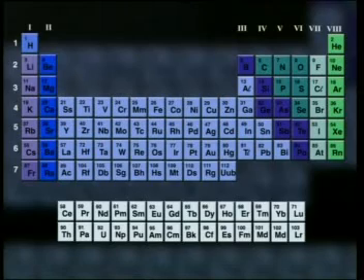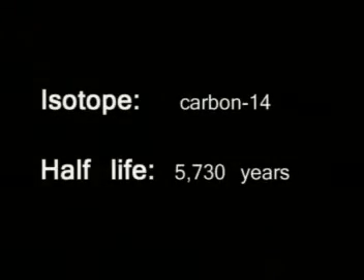There are many radioactive elements in the periodic table. All these elements have different half-lives. Some have long half-lives, measured in millions of years, whereas others, such as carbon-14, have a relatively short half-life measured in years, 5,730 years for carbon.